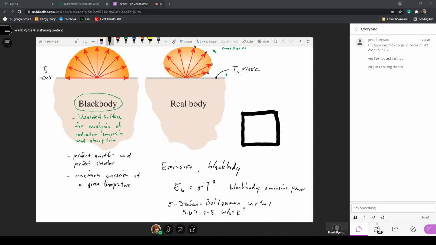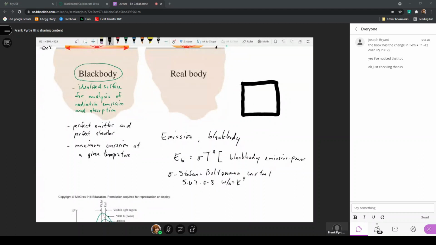So if I multiply that by the temperature raised to the fourth power, now this temperature has to be in Kelvin, it leaves us an expression of the black body emissive power that is a flux. It has units of watts per meter squared. So if we want to calculate how much energy is leaving a black body at a given temperature, then this is exactly how we would calculate it.